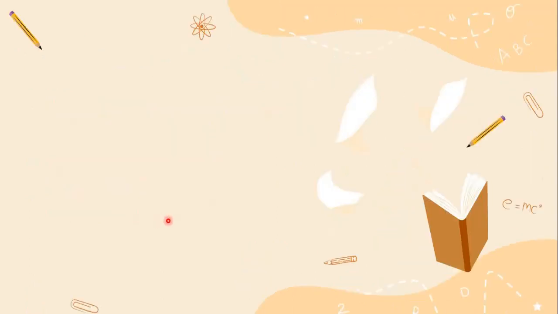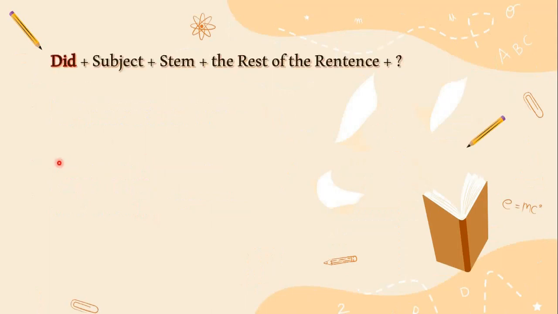Here we have the structure of the interrogative form: did, which is the helping verb or auxiliary, plus subject, plus stem, plus the rest of the sentence, and of course the question mark at the end.